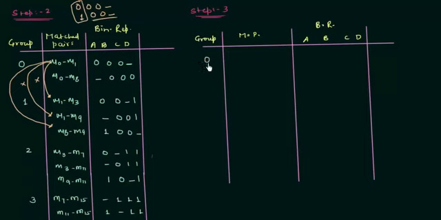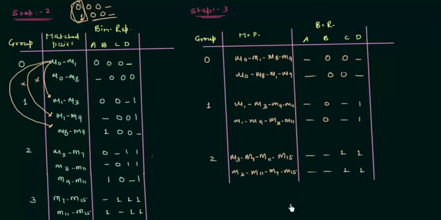So in group 0 we have M0 M1 M8 M9 as our matched pair, and the representation is going to be underscore 0 0 underscore. In the same way you have to complete this table. I hope your table is the same as this one, and don't forget to put tick marks. All the matched pairs are involved, so I will put a tick mark in front of all these matched pairs.